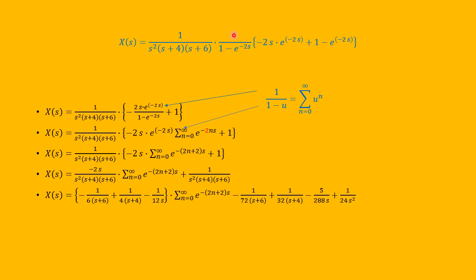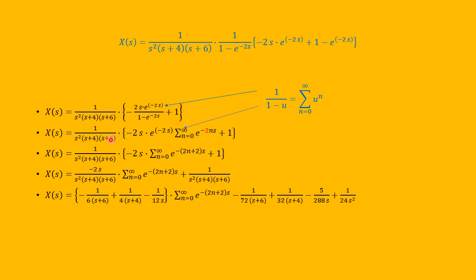If I look at, using the distributive law, 1 over 1 minus e to the minus 2s times minus 2s e to the minus 2s, that is right here. Minus 2s e to the minus 2s over 1 minus e to the minus 2s. Then we also have plus 1 minus e to the minus 2s divided by 1 minus e to the minus 2s, and that is equal to 1.